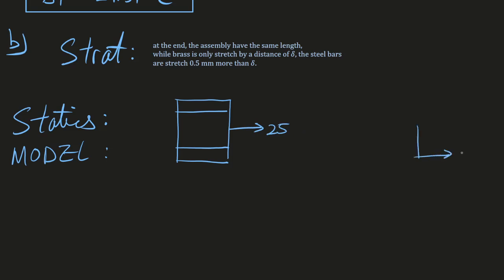I'll define this as the X and this is the Y. Now we have two steel forces pulling back to resist the 25, along with the change in length because it's fitted after the temperature decreased. Brass is also going to react to the 25 kilonewton force by pulling backwards. So we have two steel forces and one brass force.